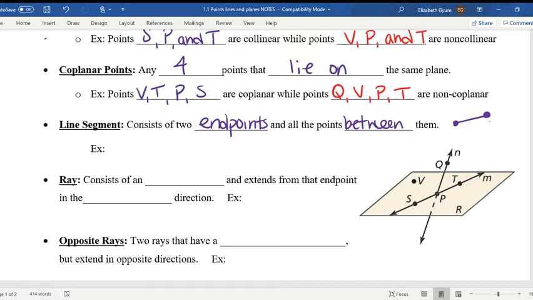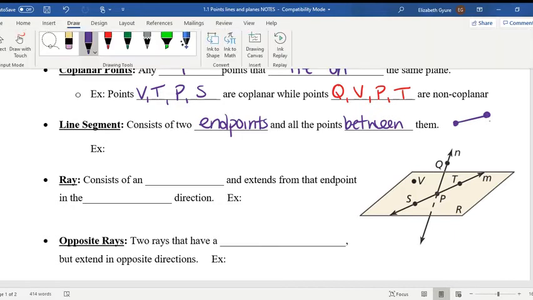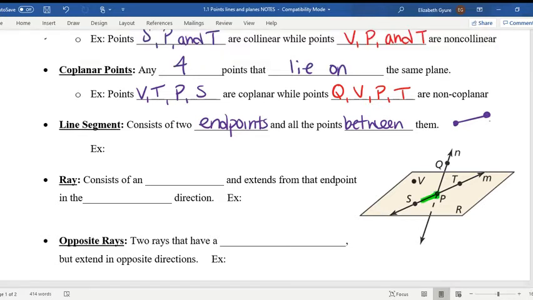And if you look at this picture, there's actually a lot of different line segments here. If you look, ignore the little arrows, right? If you chop the arrows off, each line you can kind of split up into different segments. For example, right here, from S to P, that would be considered a line segment.